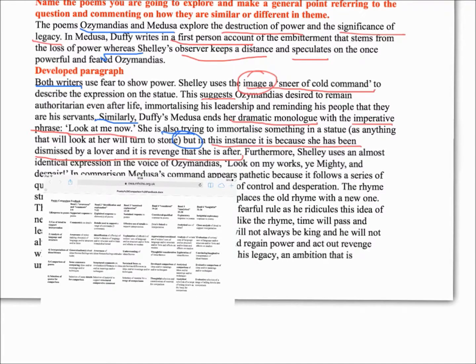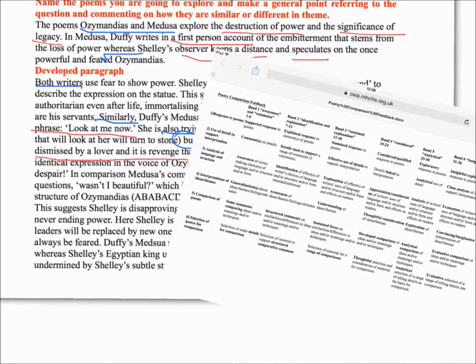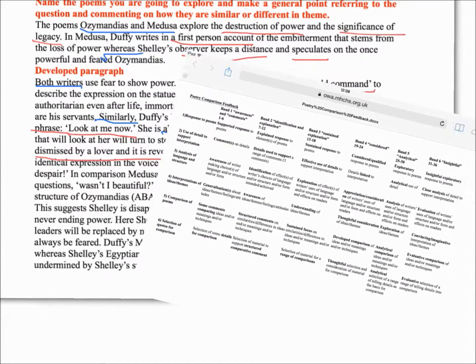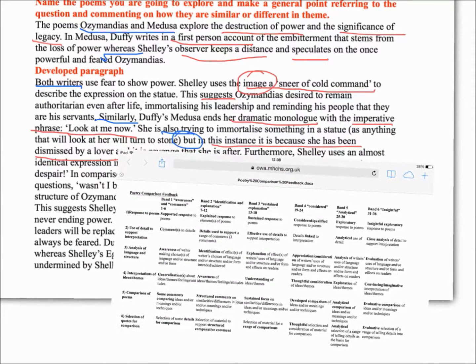Okay, so far, if I just take a look at the mark scheme here that I have got, I can see that this candidate is around a sustained explanation, okay? Although we haven't had the entire essay, it has used details effectively, and it has supported the interpretation.